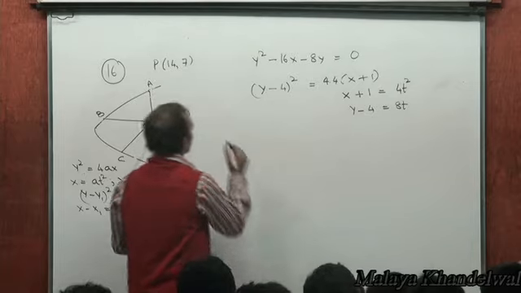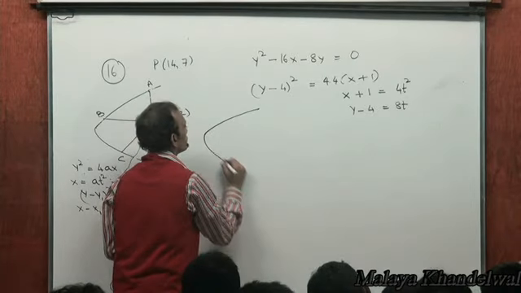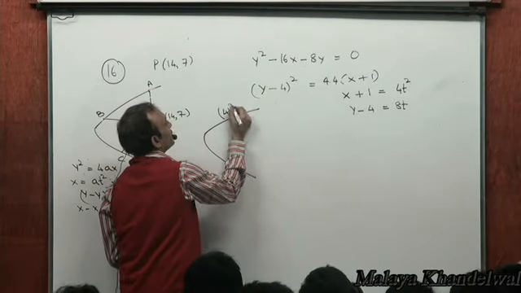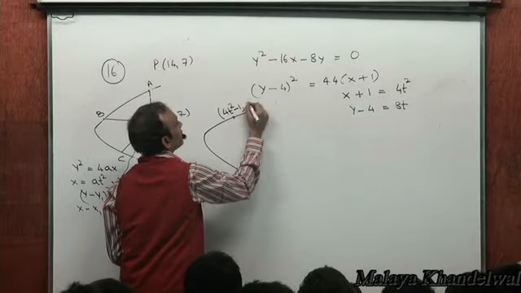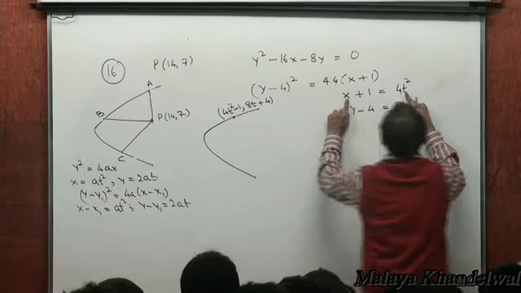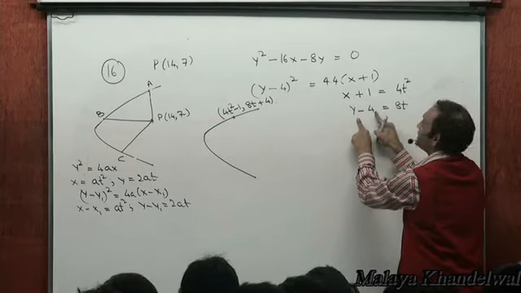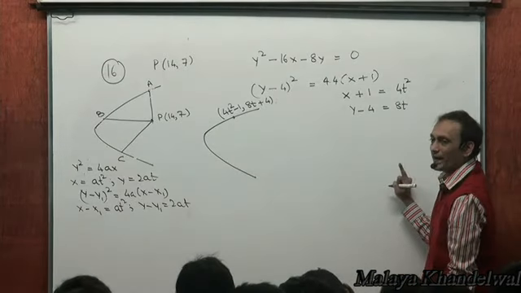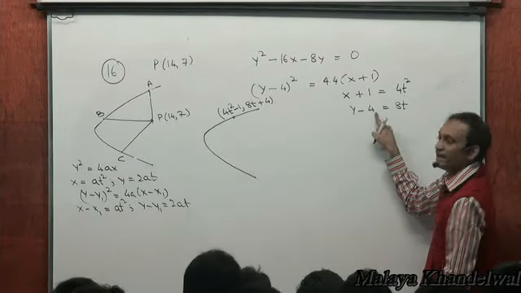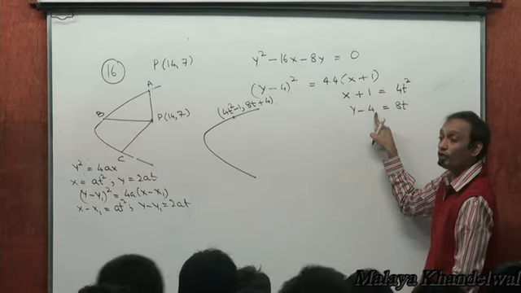Which means any point on this parabola will have coordinates 4t squared minus 1 comma 8t plus 4. Any x, y would be 4t squared minus 1 and 8t plus 4 for any point on this parabola. Yes or no? See, x is 4t squared minus 1, y is 8t plus 4 for any point on this parabola, right?